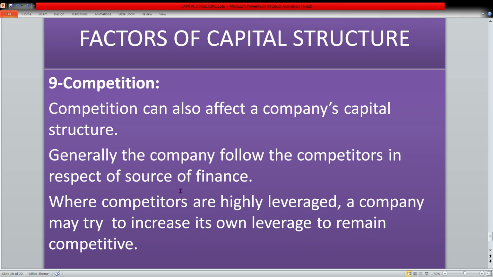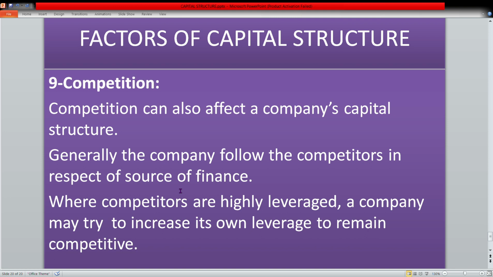Suppose A Limited has a debt of 10 crore and equity of 10 crore, 1:1. And B company is a competitor. The B company will also follow the A company so far as capital structure is concerned. So competition is one of the most important factors in designing the capital structure.